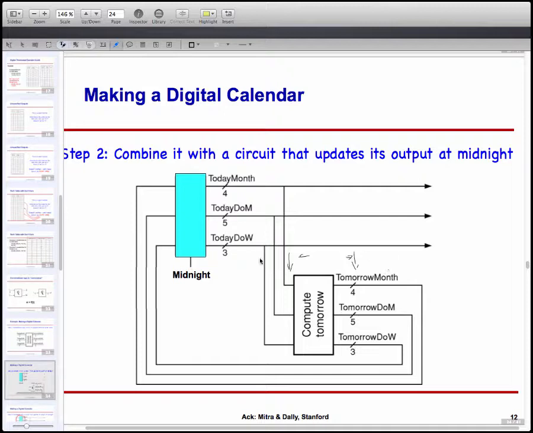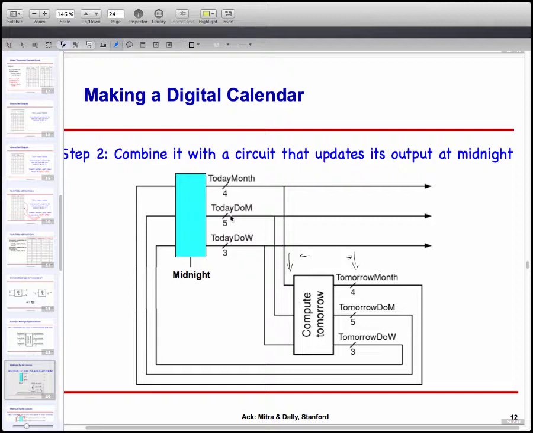But this one, the output changes only when midnight comes. At midnight, the output of the cyan block will copy whatever is on its input. At other times, the output just remembers whatever it was thus far. It holds its value. And this is no longer a truth table, right?